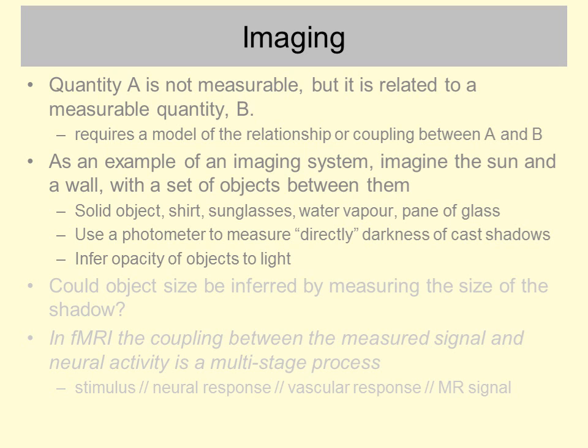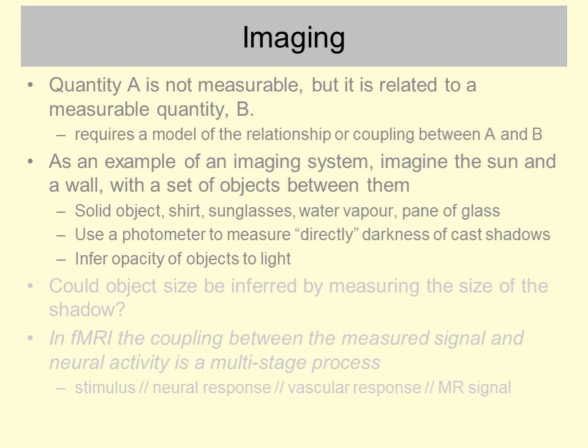And then let's say we've got some hypothetical scientists, and all they've got is a photometer, which is able to measure the brightness of the light being reflected off the wall, i.e. they can measure, in a sense, how much shadow is being cast by each of these objects on the wall, and they could also measure the light being reflected from the part of the wall where there's nothing interposed between the sun and the wall.